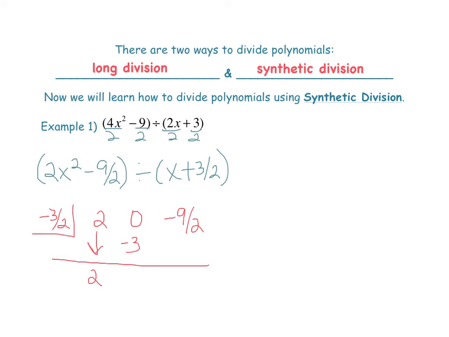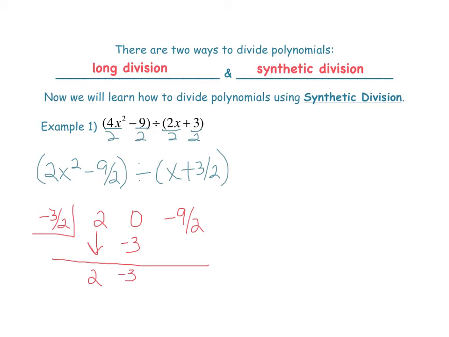Now you're going to combine the like terms in this column right here. You could say that you're always going to add. In this case, you would be adding a negative 3. Or you can say just do whatever operation you see in front of the number. So this would be 0 minus 3, which is negative 3.